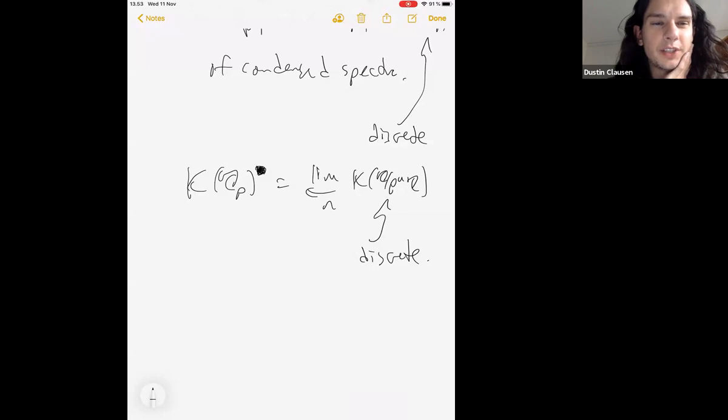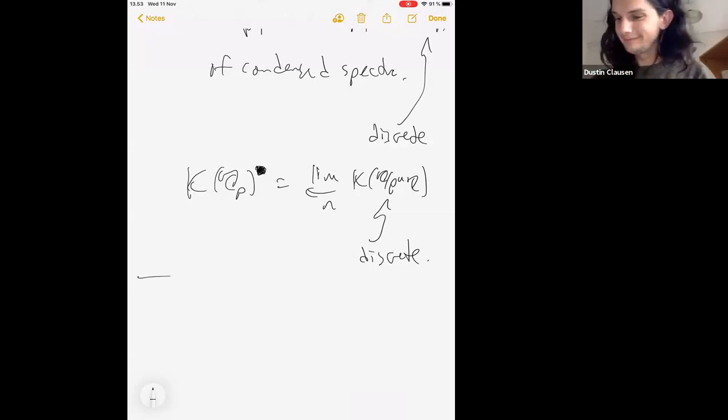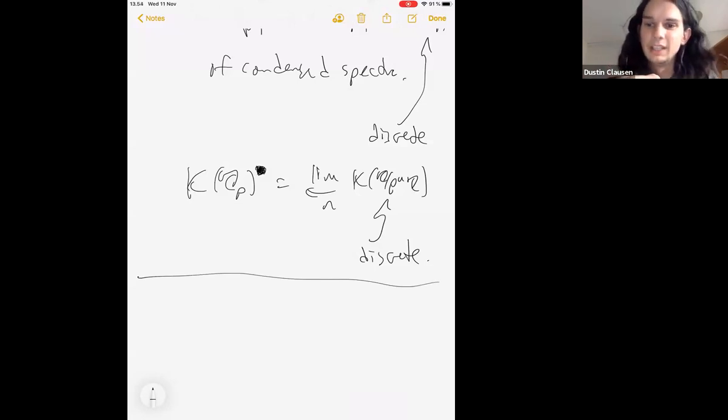I'm not so sure it's easier, because how do you control maps out of the right-hand side? Yeah, okay. It is profinite in each degree, the right-hand side, so a priori, right.